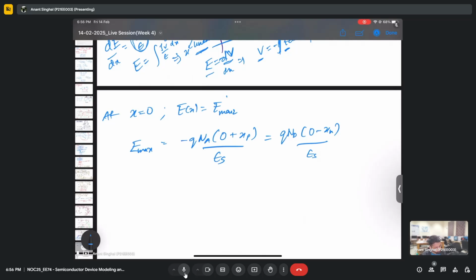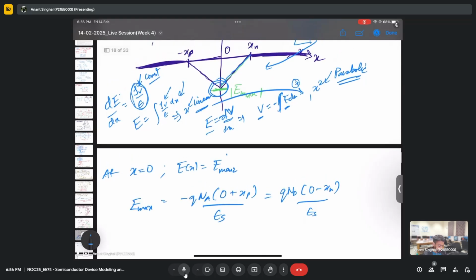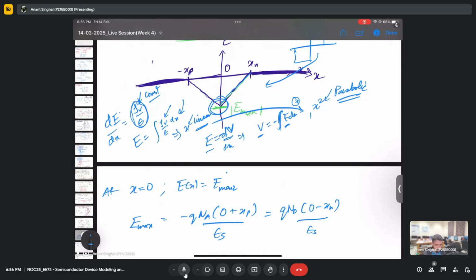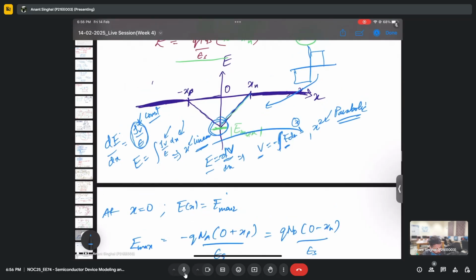I have one question. You said that from the equation we got to know that the electric field is maximum at the center point. But what is the intuition behind that? Mathematically we derived that it is E max, but what is actually happening there? Is it because the maximum change in the concentration is at the junction, in the middle part? Physics-wise, wherever there is an abrupt junction, a concentration change, there will be the maximum electric field.